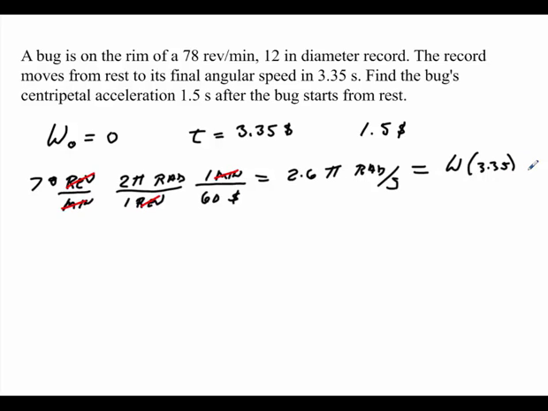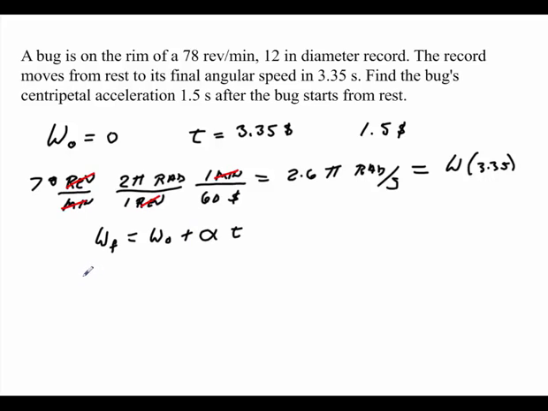Okay, we want to find the centripetal acceleration at 1.5 seconds. So first we need to find the angular acceleration, because we don't know that. We can go back to the equation that the final angular velocity is equal to the initial angular velocity plus acceleration times t.